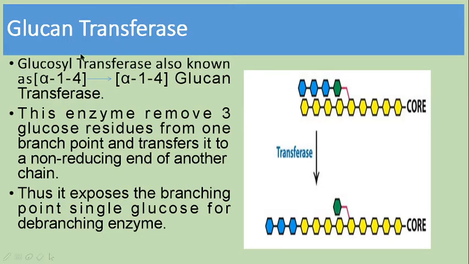That is the role done by glucose transferase. The name itself says transferase. It will transfer a trisaccharide unit, 3 glucose residues, from one chain to another, exposing the alpha-1,6 glucose.